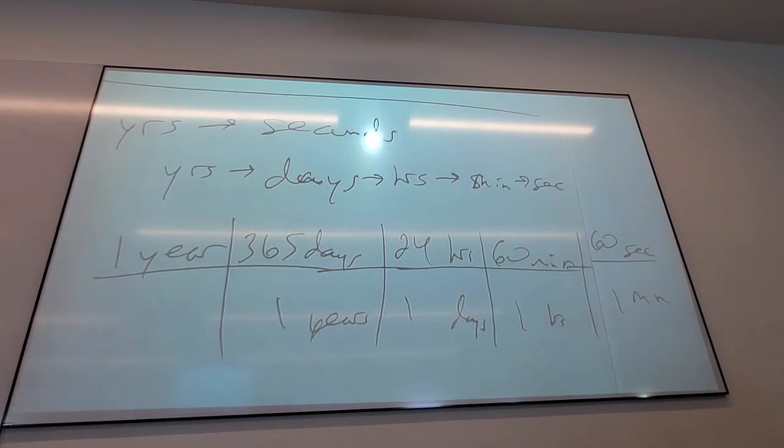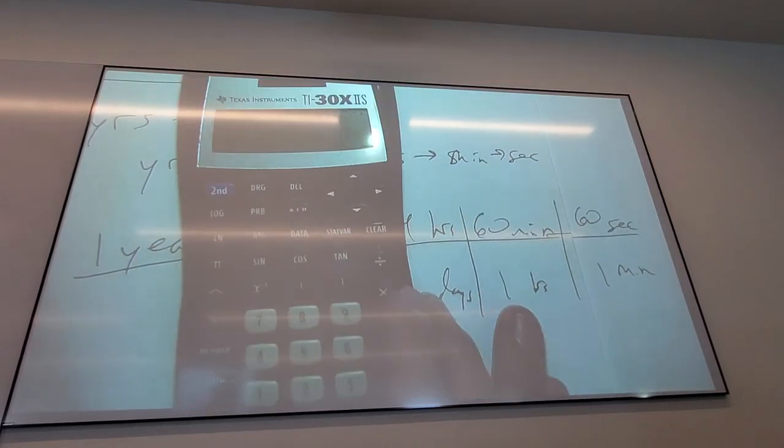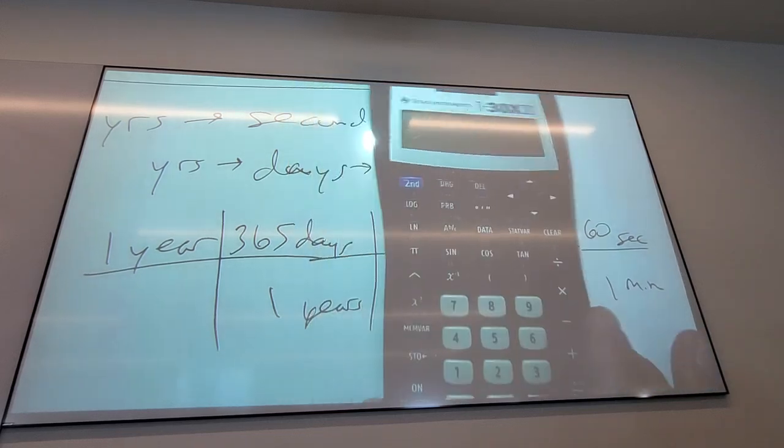What are you guys getting? Anybody? It's gonna be a little big, yes? Yeah. In fact, your calculator might say something a little weird. Maybe that's why nobody wants to tell me. So the answer cannot be 3.15, yes?